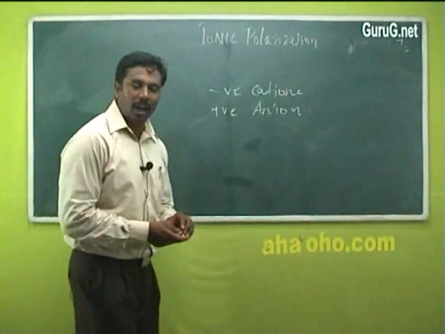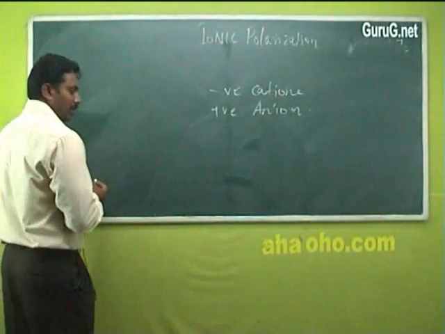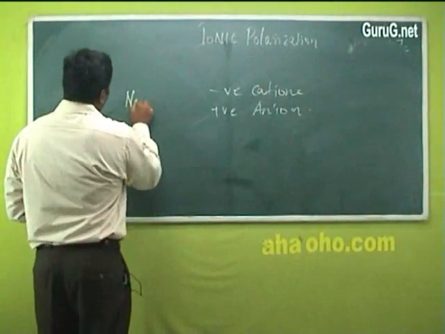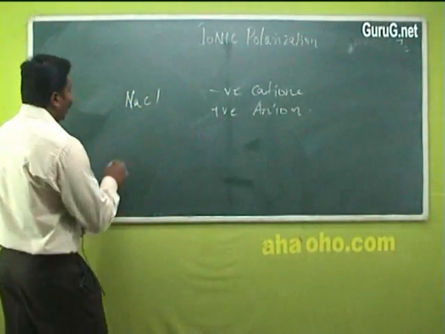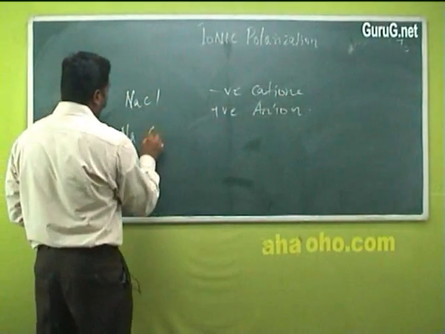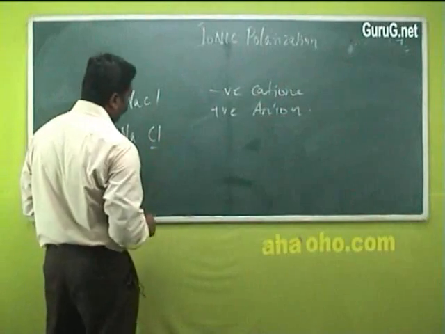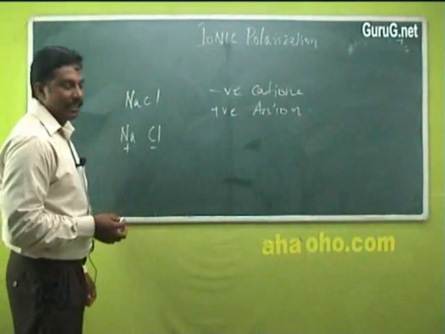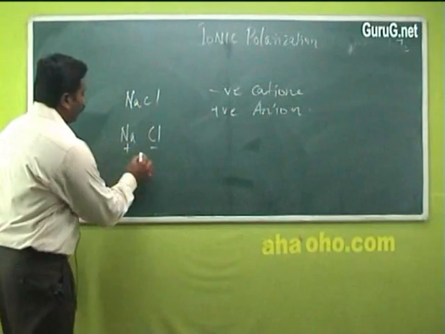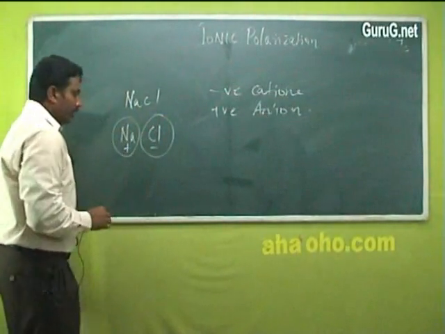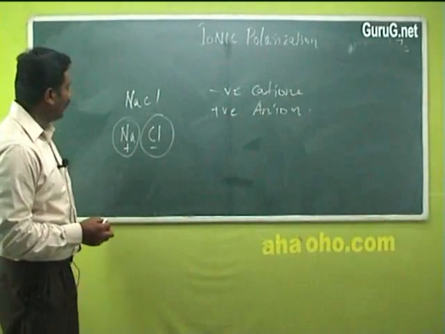To explain ionic polarization, let us consider an example: an ionic crystal, NaCl, where Na is positive and Cl is negative. Before the application of the external field, this is the position of the NaCl crystal.